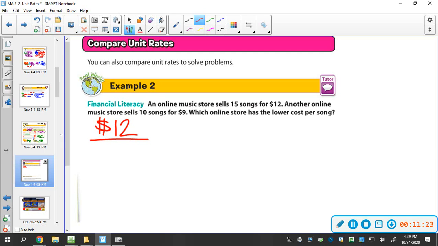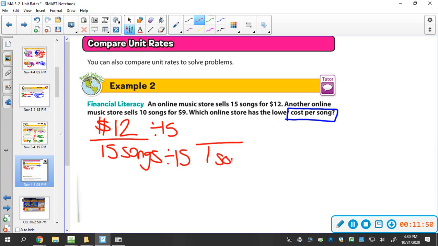If you weren't sure and you thought the 15 should go on the top because it came first, 15 songs for $12. If you read the question, it says, which one has a lower cost per song? So that means it's cost over songs. So $12 for 15 songs. And that would mean I divide by 15 to get for 1 song. And when we divide for 1 song, it would be 80 cents.